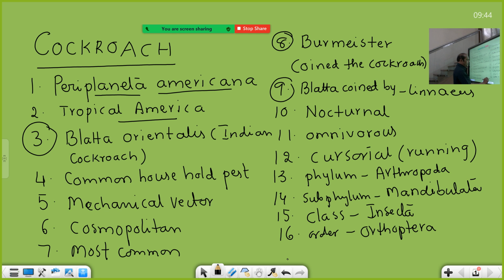So order Orthoptera and family Blattidae. Family Blattidae, genus Periplaneta and species name is americana. The family Blattidae is given based on our genus. When you recollect the principles of classification, the hierarchy of classification, we have already given from animal kingdom to kingdom, phylum, class, order, family, genus and species.